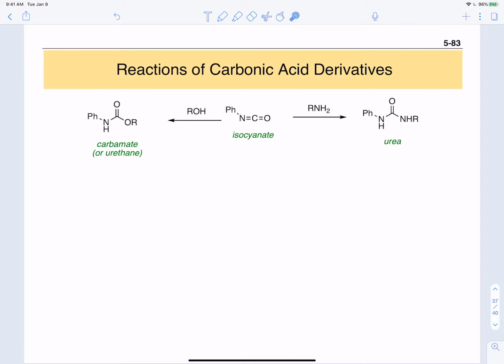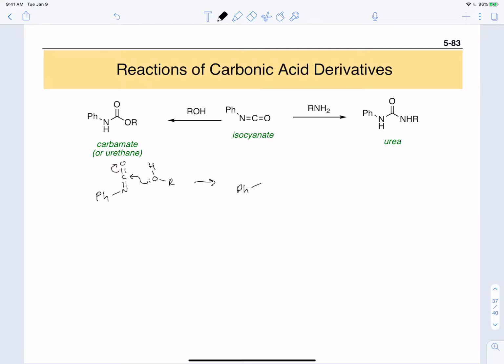So looking a little bit more closely at how these reactions take place, we know that we have this very electrophilic isocyanate. So we can imagine having an alcohol add in directly to this isocyanate. You can have the lone pair reside on either the oxygen or the carbon. Formally, it doesn't matter because they're resonance structures of each other.